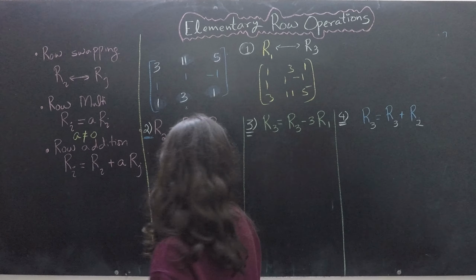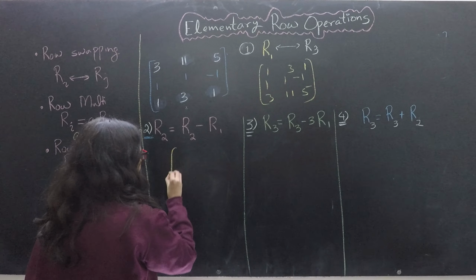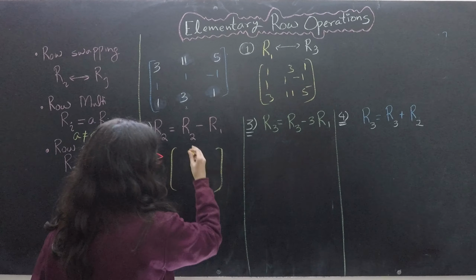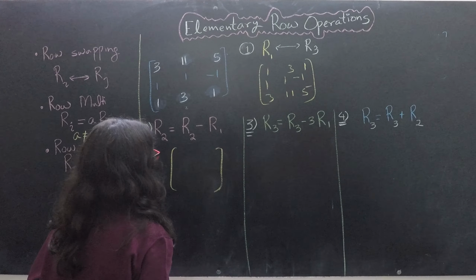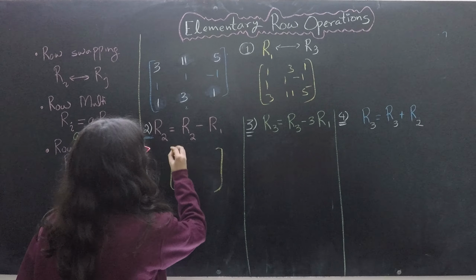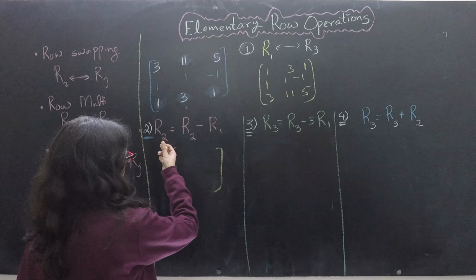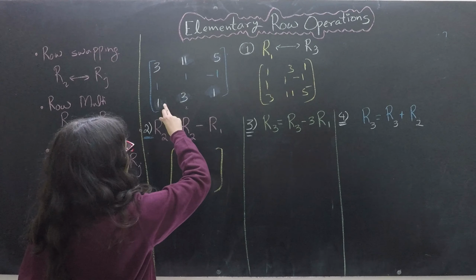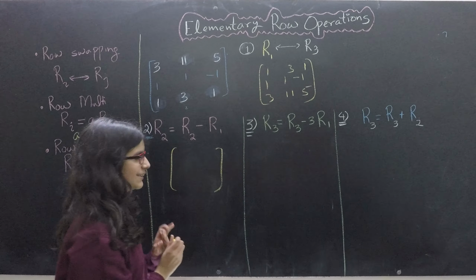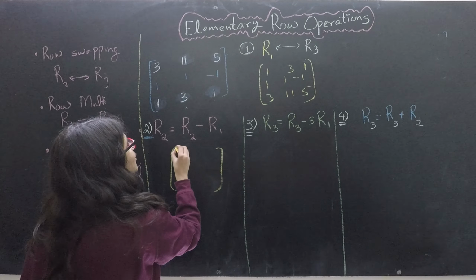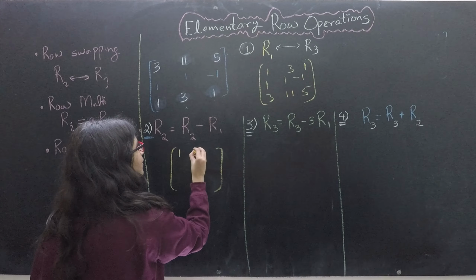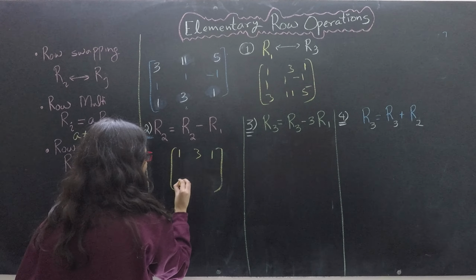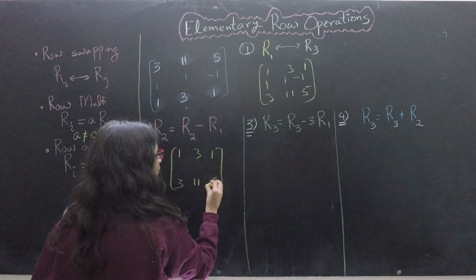Alright, now we're going to do the second part. In this one, we are subtracting row 1 from row 2, and the answer will be row 2. So row 1 and row 3 will remain the same: 1, 3, 1 and 3, 11, and 5.